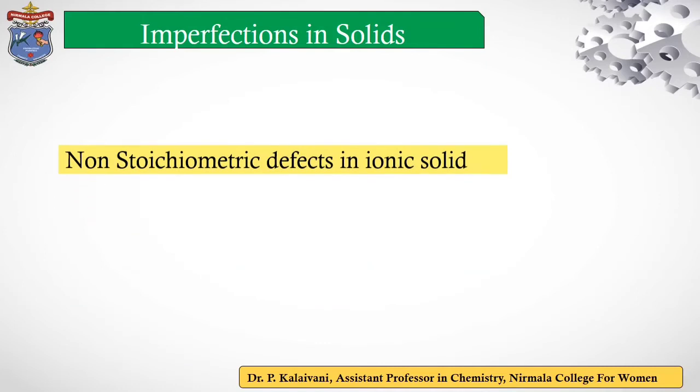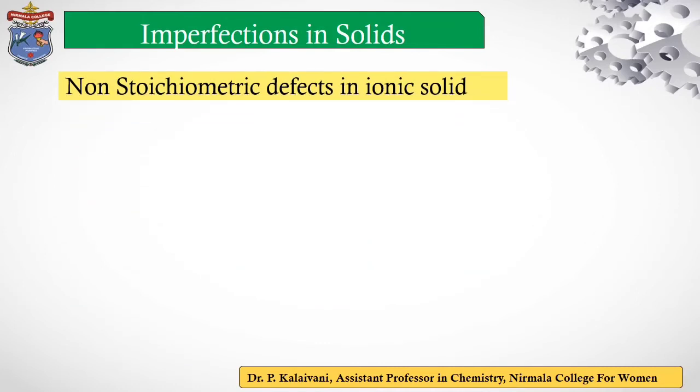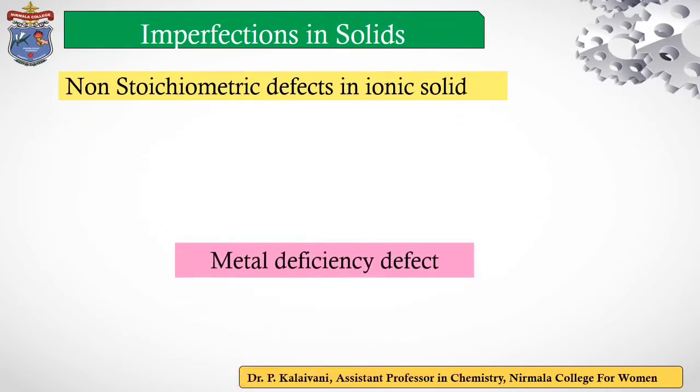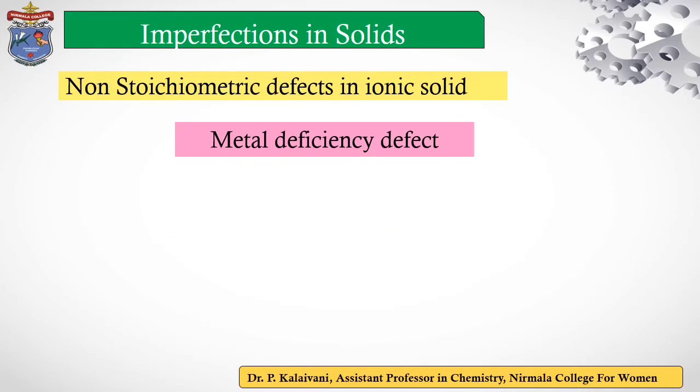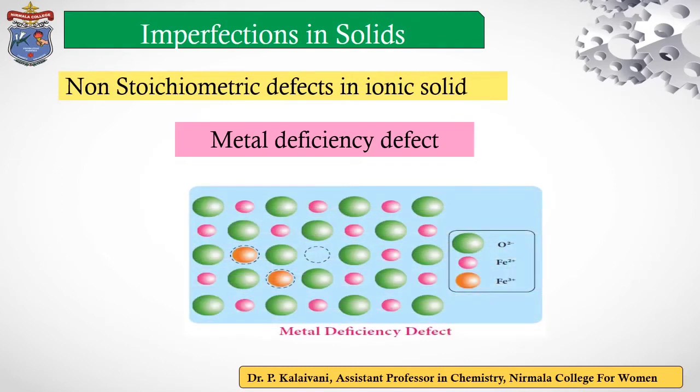Metal deficient defect is produced when one or more cations are missing from the positions and create cation vacancies. In order to maintain electrical neutrality of the crystal, one or more nearby cations acquire extra positive charge and are thus converted into cations with higher oxidation state. For example, iron oxide, nickel oxide and ferrous sulfide.